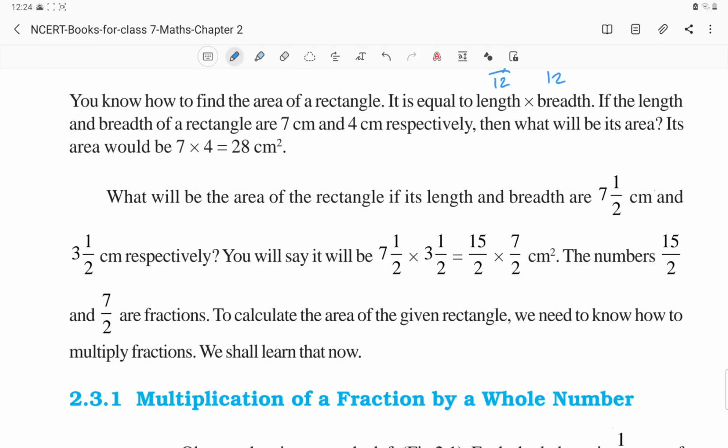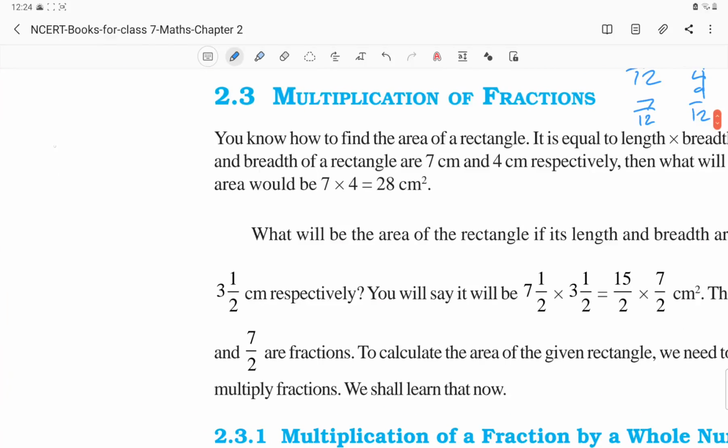So for example, if I'm going to do a really simple one, 2 by 3 times 7 by 10. You can still multiply that. So just multiply the top and the bottom. 2 times 7 is 14, and 3 times 10 is 30. So that's the answer to that. It's as simple and as quick as that.